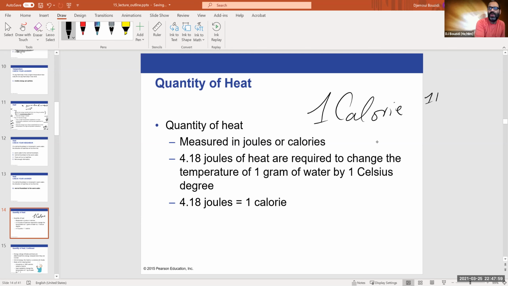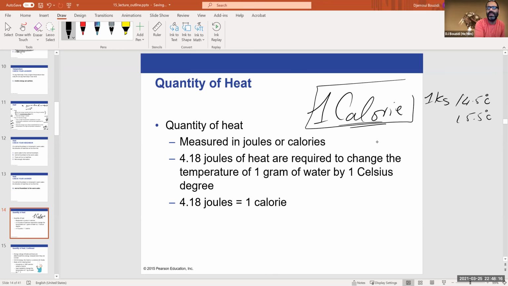Okay. You take 1 kilogram of water, or 1 liter of water is about 1 kilogram, sitting at 14.5 degrees Celsius, and you add to it this 1 calorie, and you will see that the temperature has reached 15.5 degrees Celsius. Then in this case, you say, I added 1 calorie of heat, okay?